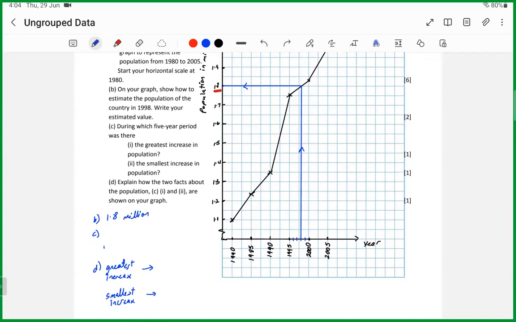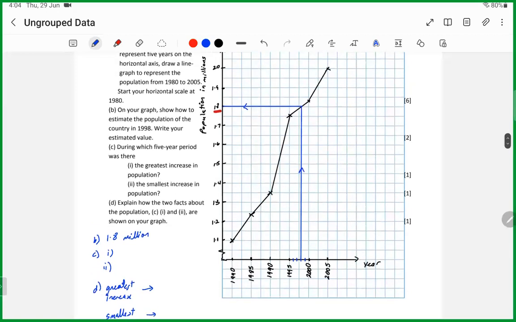During which 5-year period was there the greatest increase and the smallest increase? Okay, so you're seeing the greatest increase here. This is where the graph is the steepest, right? So the greatest increase there is 1990 to 1995. And then the smallest increase is this region here, right?